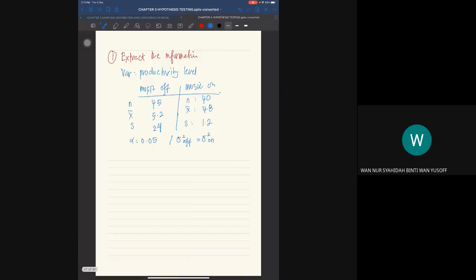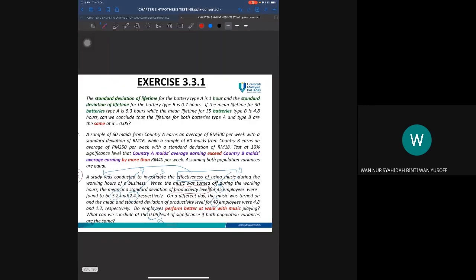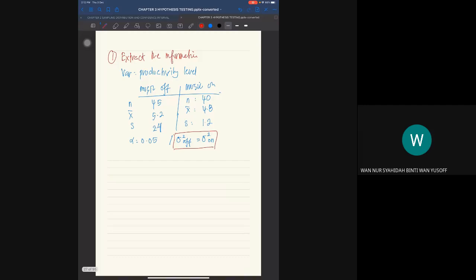So based on this information, you should get the idea that it is independent sample, because we have this condition in this study. That's how, based on the information, we know what we are dealing with. Okay, we're done with all the information, then we go to the hypothesis.